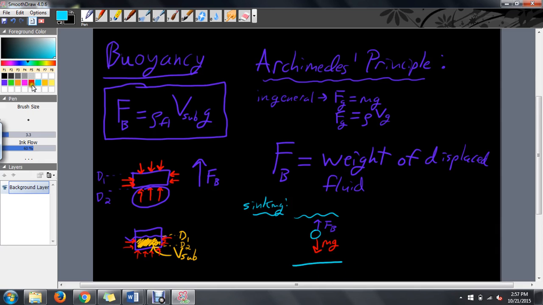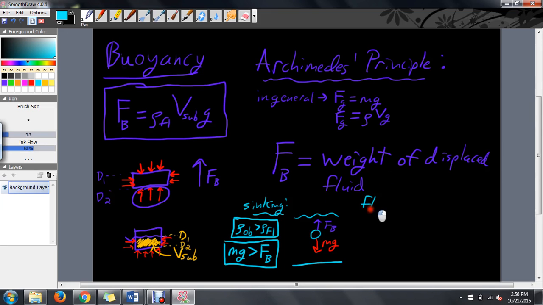Well, sinking means that the density of the object is greater than the density of the fluid for sure, but in terms of Archimedes' principle, the weight of the object is greater than the weight of the fluid it displaces. If it has more density, then the volumes will be the same, so the weight of the object will be greater than the weight of the fluid it displaces.